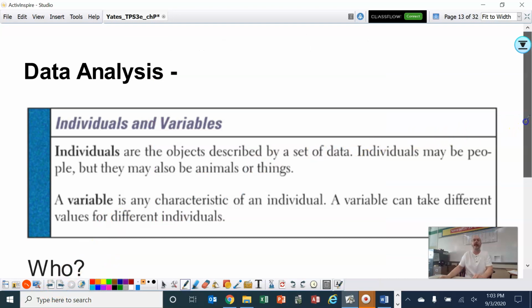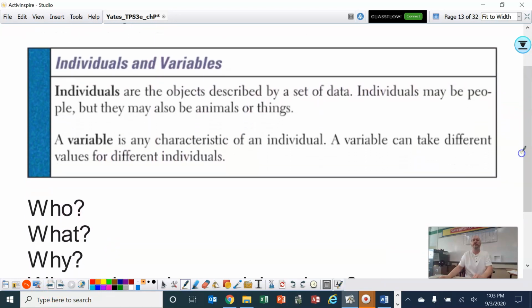All right, data analysis. Individuals and variables. Remember, individuals are the objects described by a set of data. They might be people, but they could also be animals or things. A variable, okay, don't think algebra here. We're not going to say the variable is y.